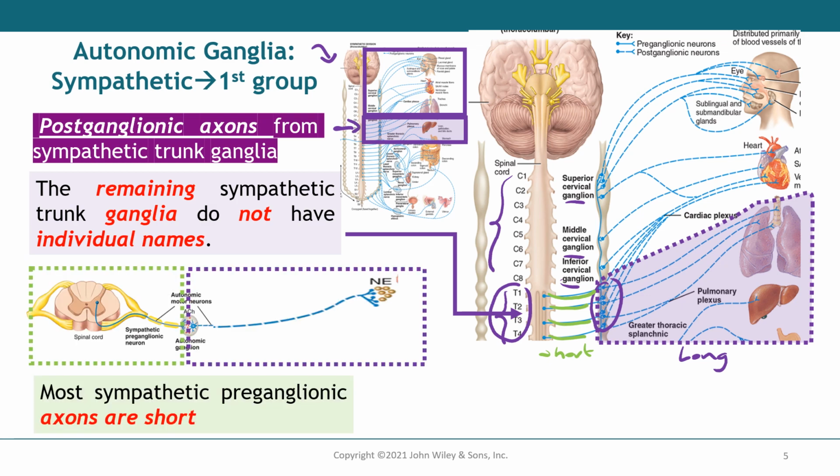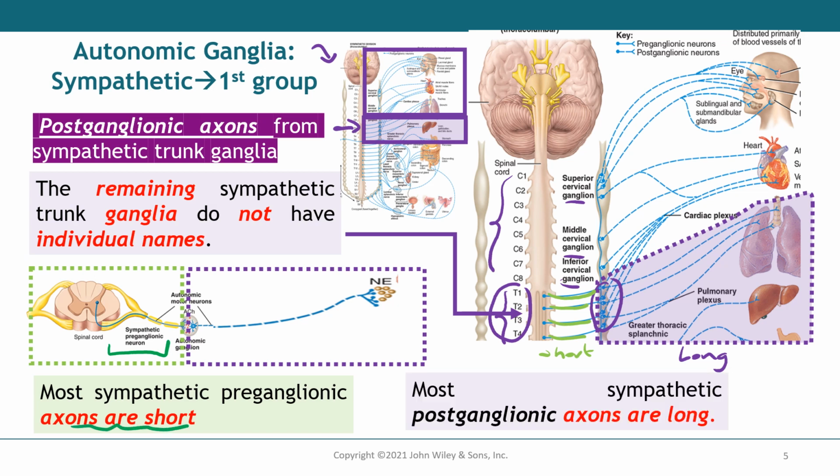In addition to that, I told you that the preganglionic neurons will tend to have short axons because they are close to the spinal cord, while the postganglionic ones will have very long axons because they have to innervate the organs that are far from the trunk ganglia. Now, in the following slide, I'm going to start talking about the second group, the ones that are located here.